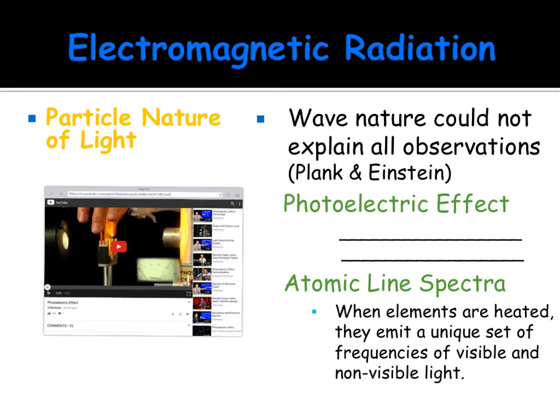It's that light also has the property of a particle, a small particle called a photon, and this energy is contained in the photon. Once the light raises the energy level of an atom really high, the electron jumps out of that atom.